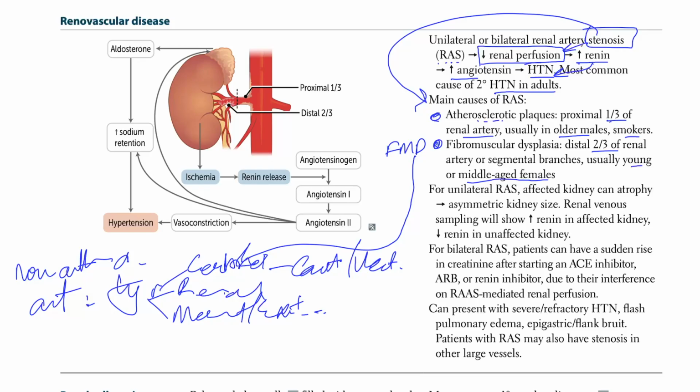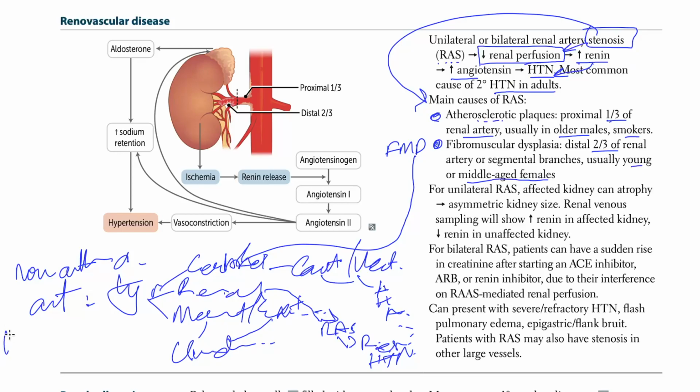So if you were to involve the carotid or the vertebral artery, you will develop headache, stroke, aneurysm rupture, right? And if you were to involve the renal artery, you are going to cause renal artery stenosis and resistant hypertension. And if you were to involve the extremities or the mesentery, you can develop claudication.